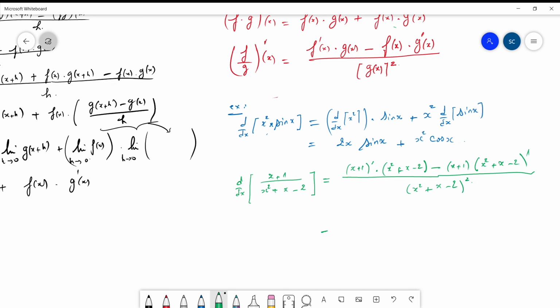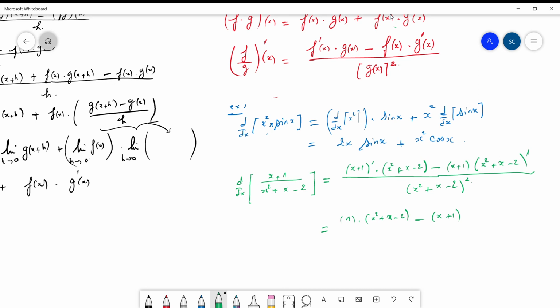Now what is the result? The derivative of x+1 is the derivative of the sum of two functions. The derivative of x is 1, and the derivative of 1, a constant, is 0. So it will be 1 times (x^2+x-2), minus (x+1) times the derivative of the denominator.